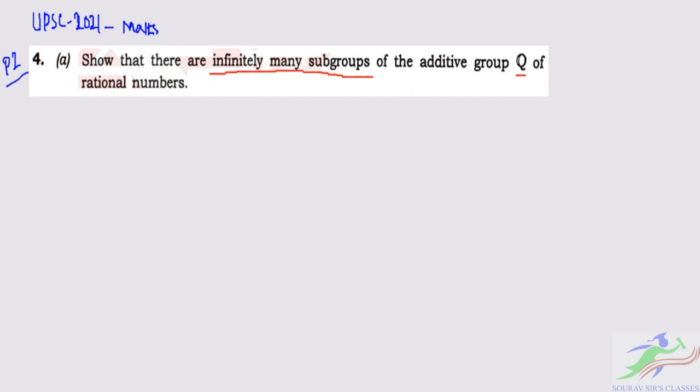Let us take Q, the additive group, to be p by q, where p, q belong to I, and q is not equal to 0.